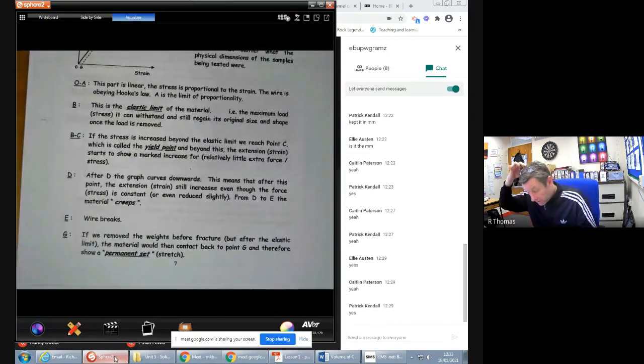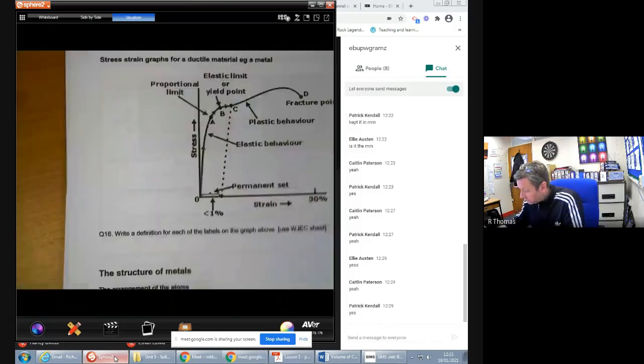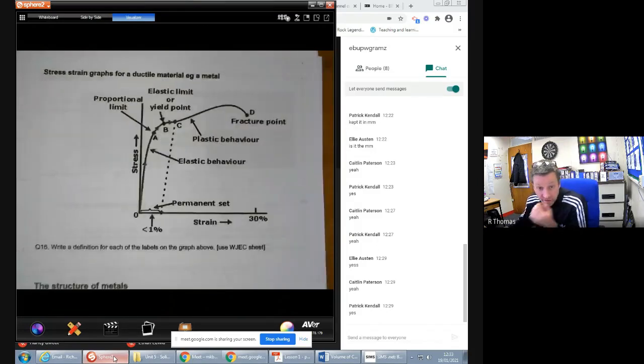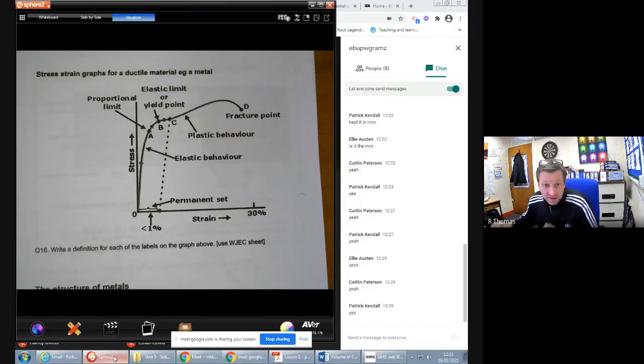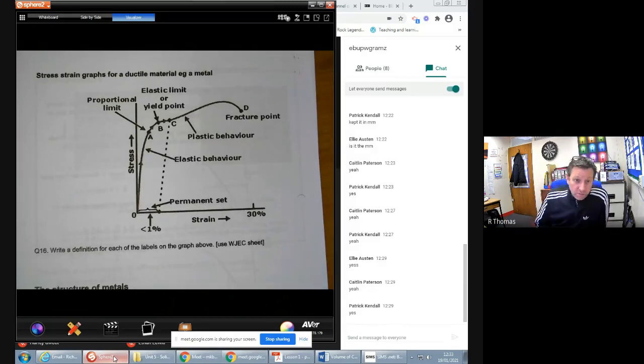Now, on the exam, here's another version of it. It's at the very back, okay? On the exam, they'll just give you a blank set of axes, and they will say, draw a stress-strain graph for a crystalline solid or a metal, and label all the key points. And you need to know it in that amount of detail, right?